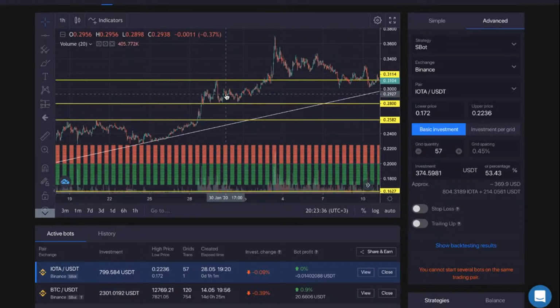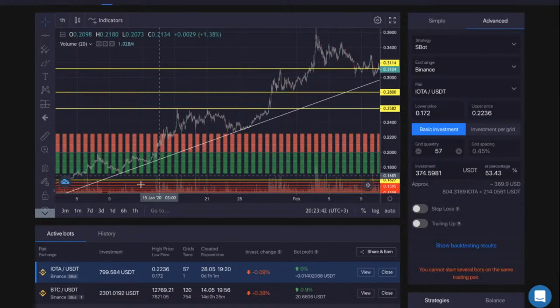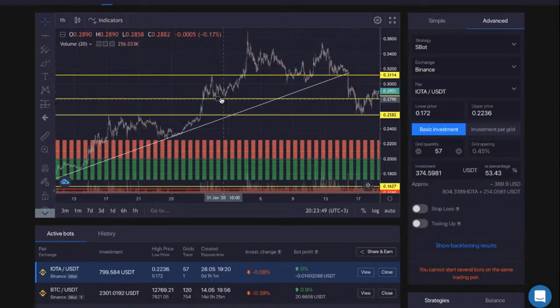So I would enter the trade at that point over here, because globally I can see that there is an upside moving market, but locally it is currently in a sideways market formation.